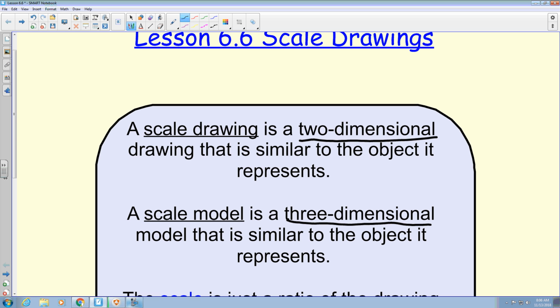Say it's 1 to 20. That means for whatever size it is in the model, it's 20 times larger in the real life version. So that's what you see with those scale factors, whether we talk about scale drawings or models.